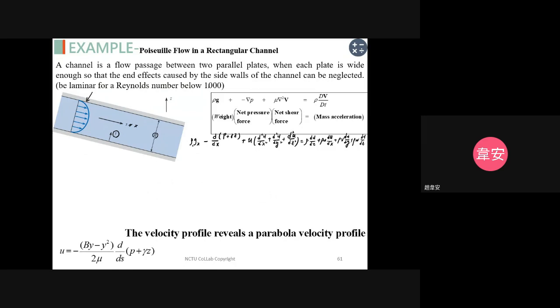Again, we don't have the gravity, and right now this is for the channel flow.